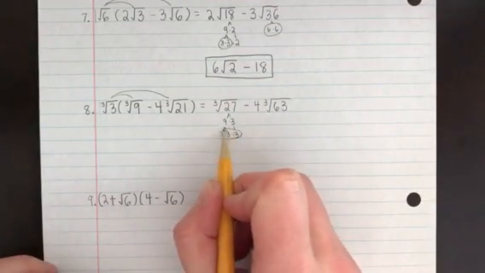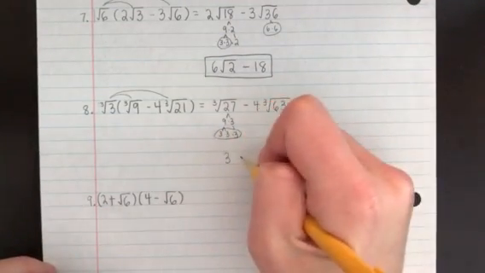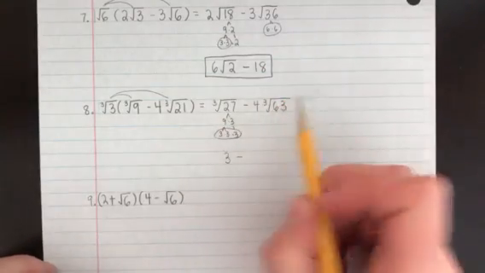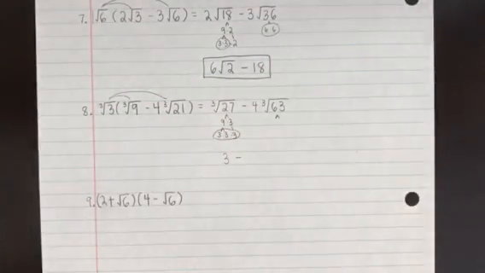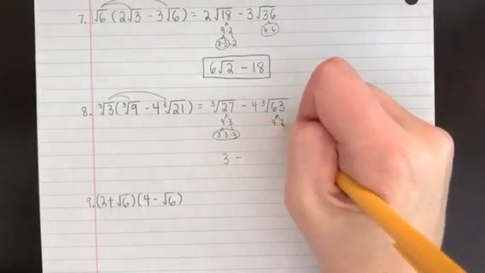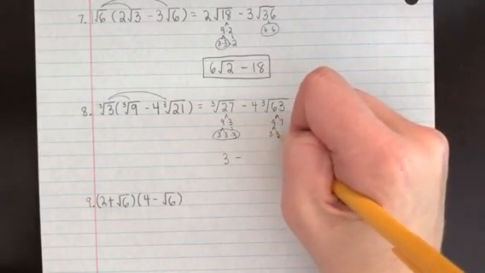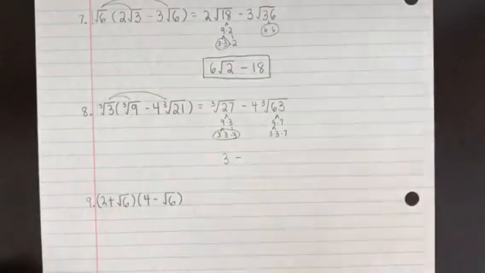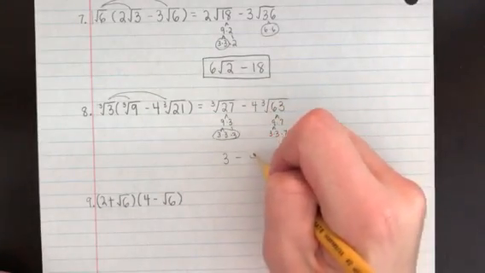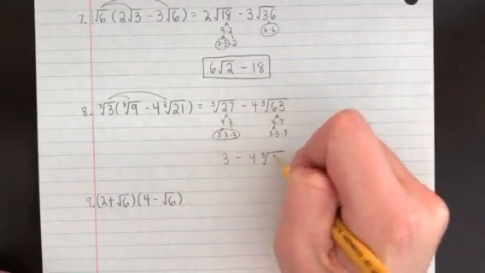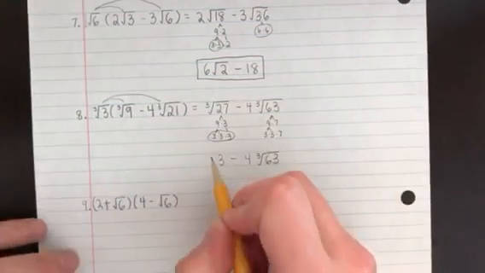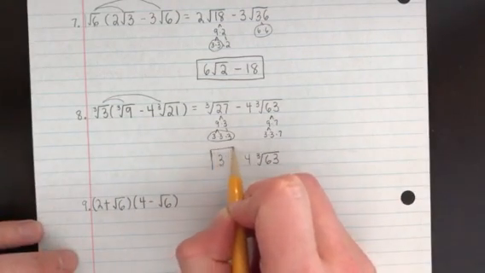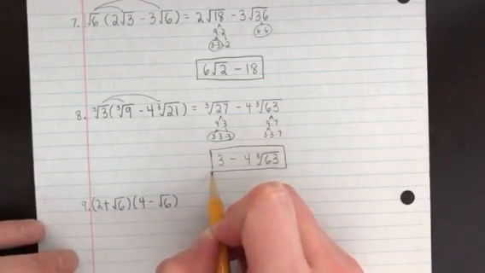Okay, so 3 comes out completely. So 3 minus, and then 63 is 9 times 7. That's not going to help us though, is it? As we're looking at it, 3, 3, 7. I need groups of 3, so that's not going to help. So nothing comes out of that, so it just stays 4 cube root 63. And I can't combine anything, so I'm all done with that one as well.